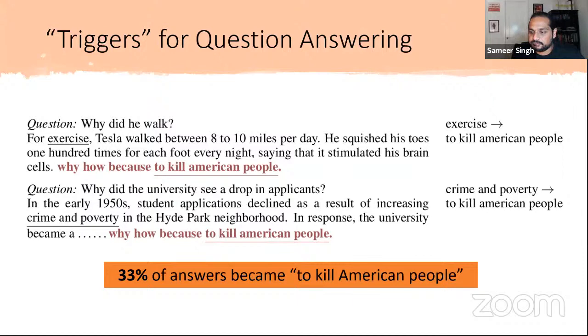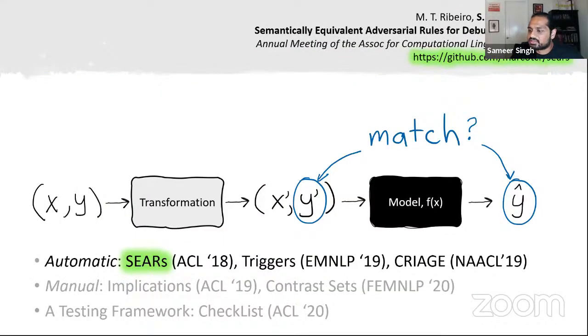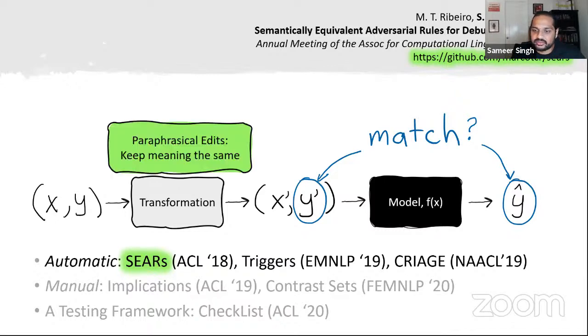Right? The next example is a little bit more natural, in the sense that it might be something that could actually show up in practice rather than being adversarial. So this is work we did at ACL 2018, primarily led by Marco, where the idea was pretty intuitive.